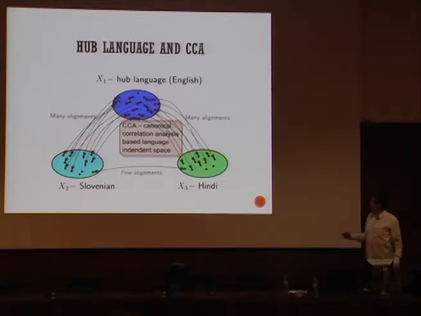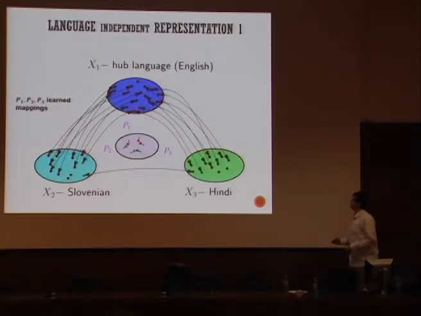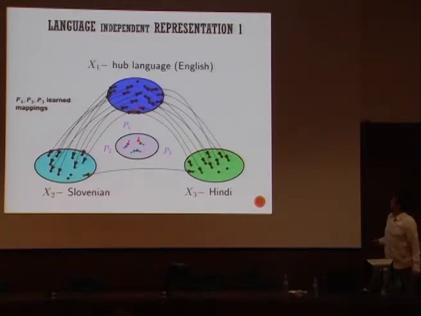Okay, this is a typo, so language independent space. But that means, if you do canonical correlation for, for example, English and German, and English and Slovenian, this will give different English spaces. So we have to correct that, using some proxy matrix. So this would be the final picture.